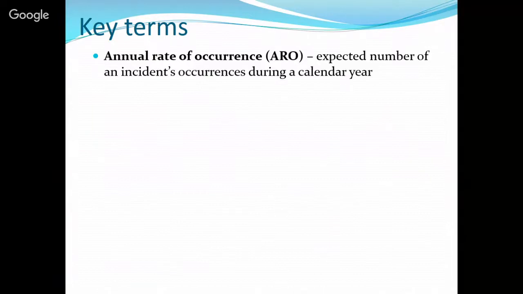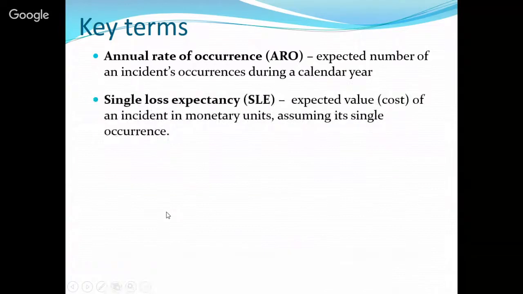It can be different from incident type to type. Single loss expectancy, which means the expected cost of an incident in monetary units, assuming a single occurrence. Usually, the SLE for each type of incident is different.